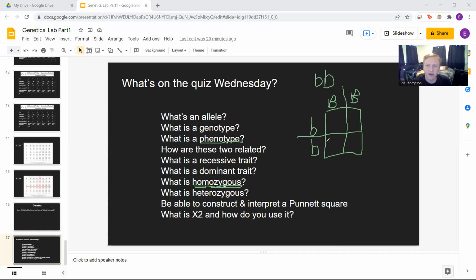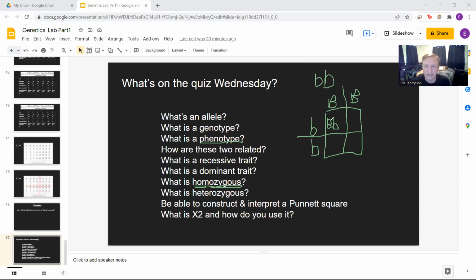So how do we fill this Punnett square in? Have you guys done Punnett squares lately? How do we do this? What goes in this top left square? That's right, it's a big B and a little b. Where did the big B come from?